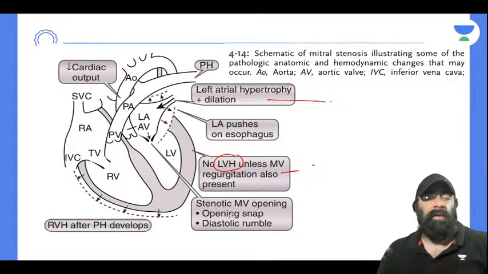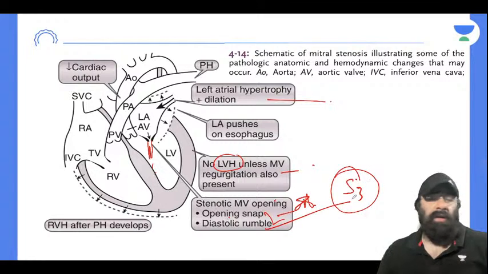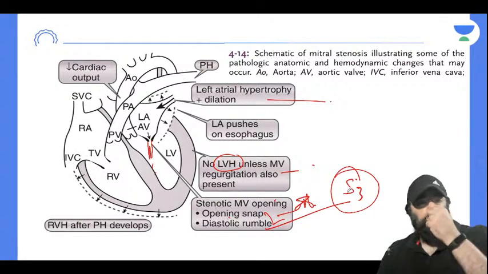The stenotic mitral valve opening will produce an opening snap and a diastolic rumble also. Because during diastole the force of the blood coming inside will be much more, this will actually increase the S3 sound, and this will lead to the diastolic rumble.